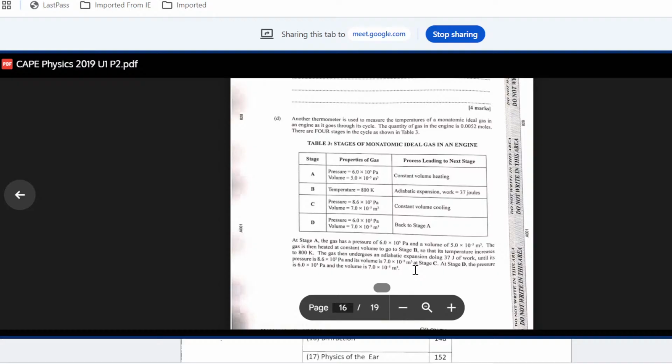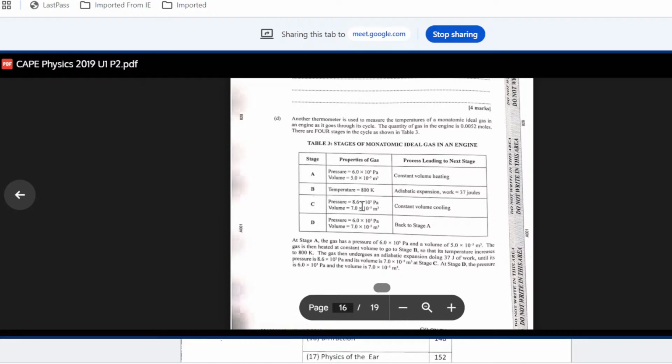Because if you look at stage C, we know stage C was a constant volume cooling from 8.6. So we know that that is where stage B would have stopped.